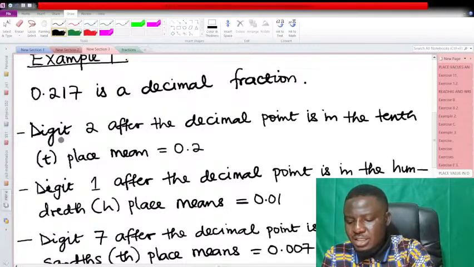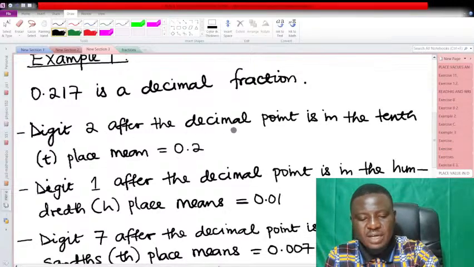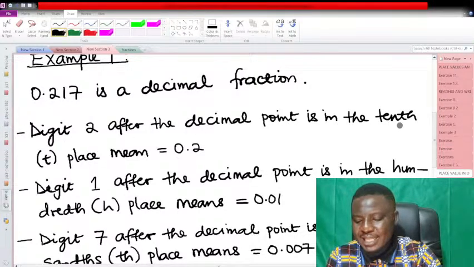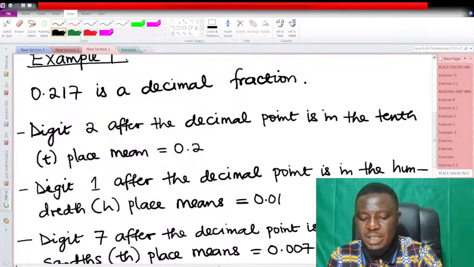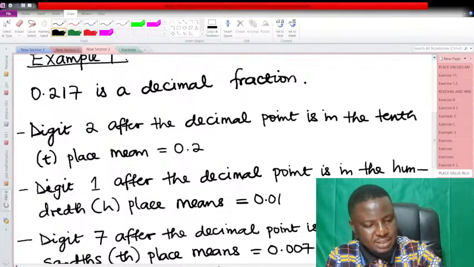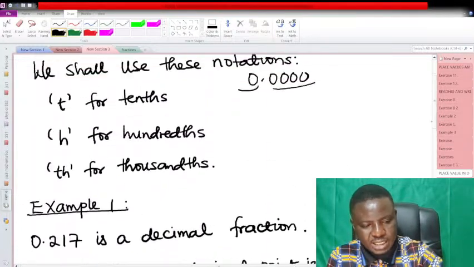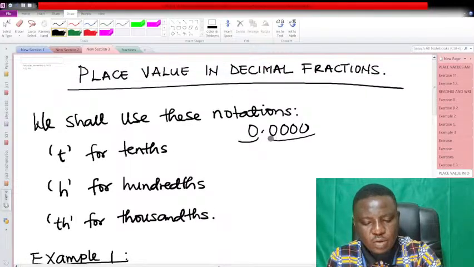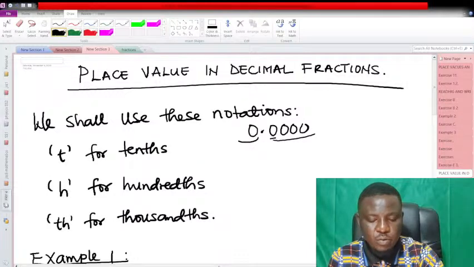If you look at the digit 2, the digit 2 after the decimal point is in the tenths place, meaning 0.2. The first place value after the decimal point is the tenths place value. We have written it as small t.